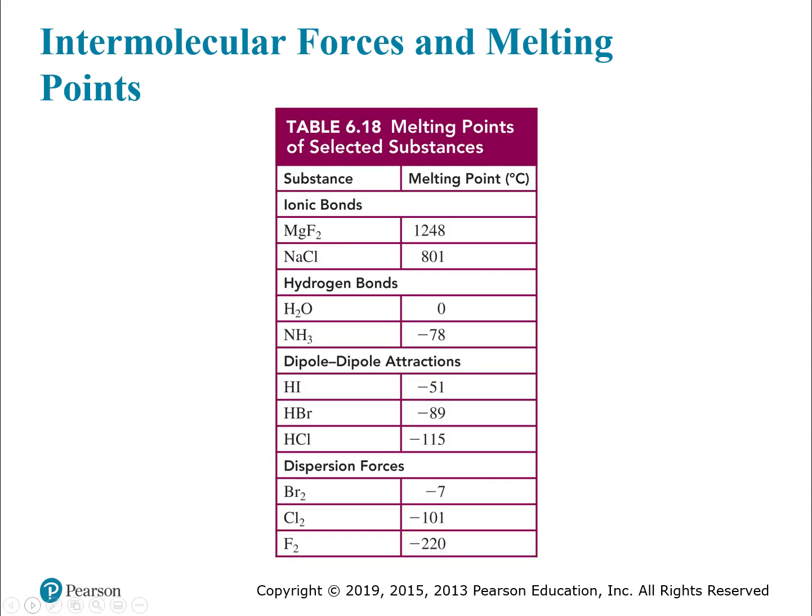And this table kind of gives you examples, and it gives you the different types of interactions. Starting with the weakest force, and these are the intermolecular forces, all the way up to the strongest. So you'll want to remember this relative order and how it relates to melting point.